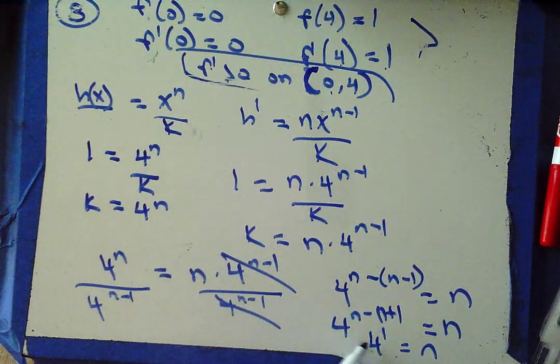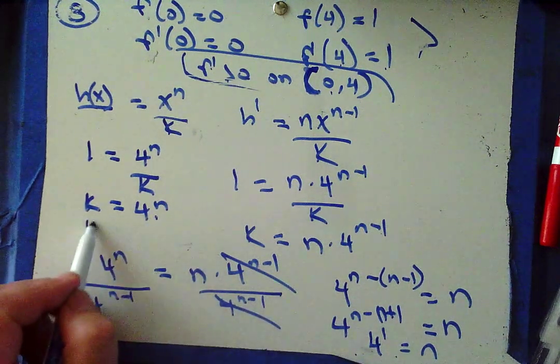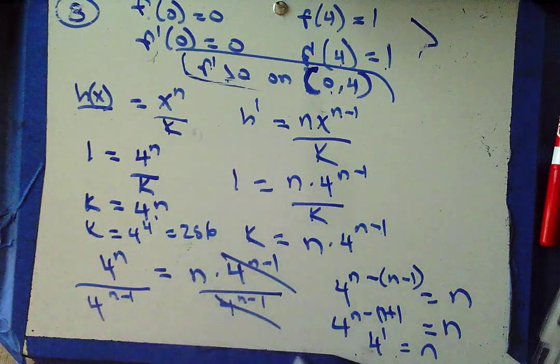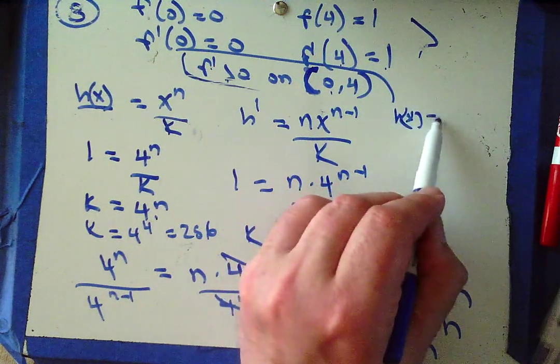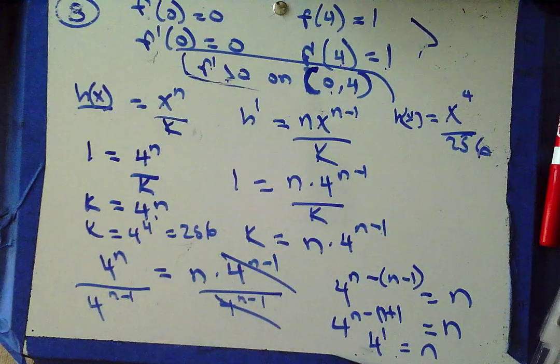And now that I know what n equals, I can come back up here and say that k equals 4 to the 4th, or 256. Okay, so then our equation is h of x is x to the 4th over 256.